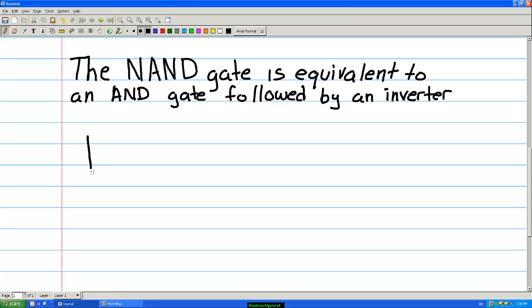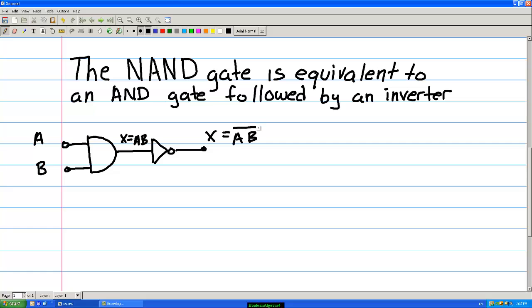So if we have an AND gate, and then we follow that with an inverter, this would be equivalent to a NAND gate. So we have A and B, and this is X. Here X would equal A and B, and here X is equal to A and B, NOT.